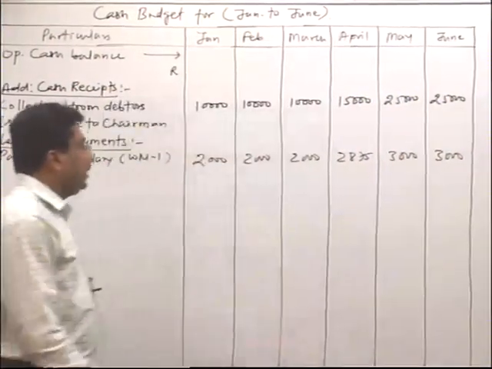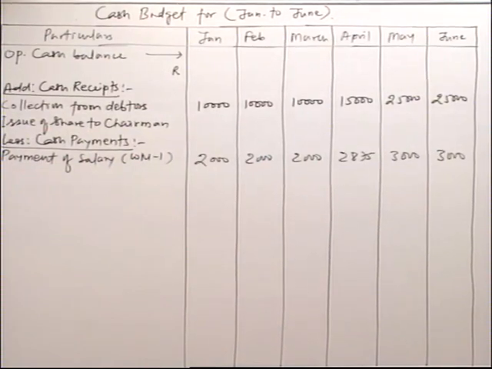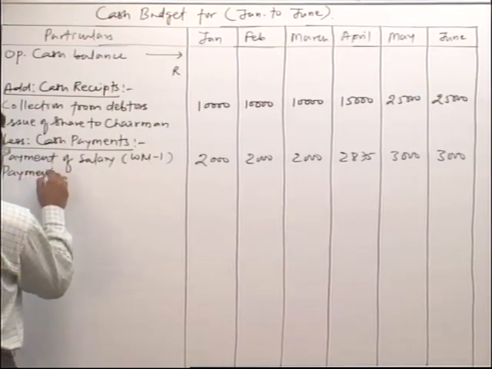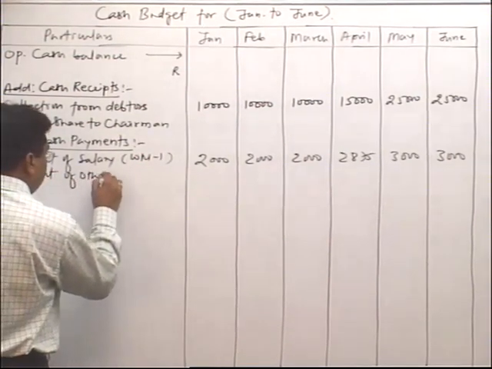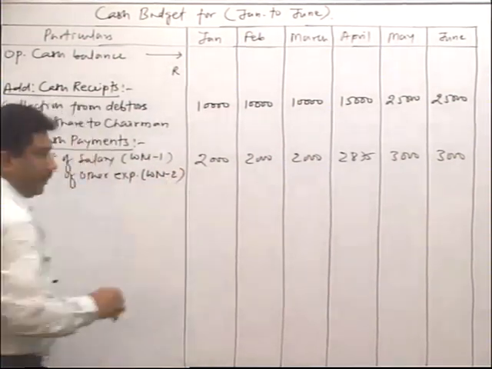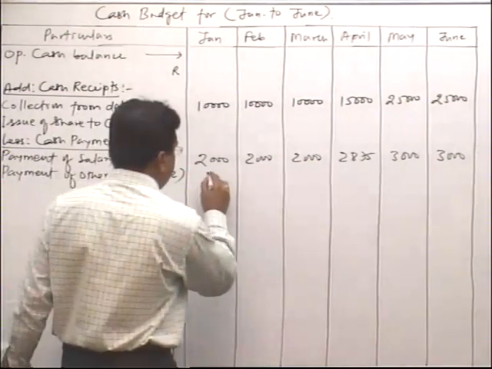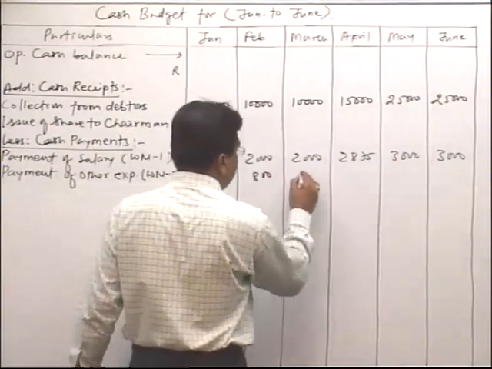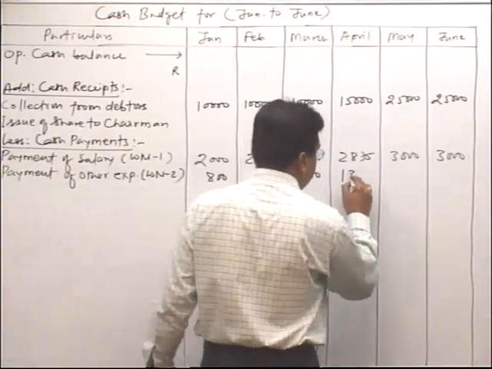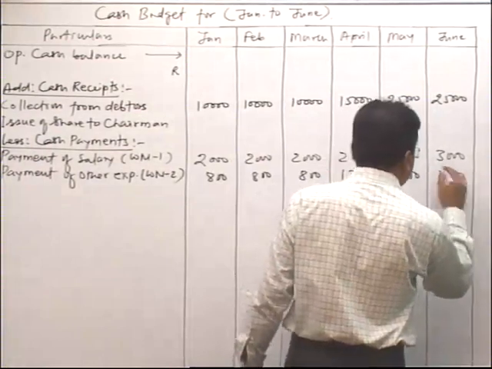Please refer working note 1. Then working note 2 is payment of other expenses. It is 800, 800, 800, then 1325, then 1500 and 1500.